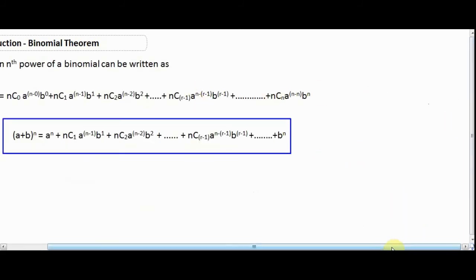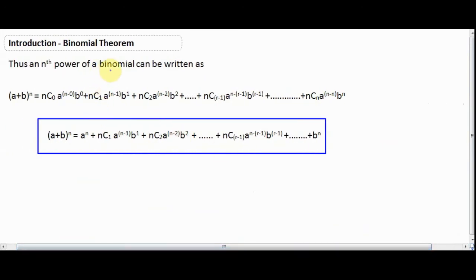The nth power of a binomial can be written as (a + b)^n = nC0 a^(n-0) b^0 + nC1 a^(n-1) b^1 + nC2 a^(n-2) b^2 + etc. + nC(r-1) a^(n-(r-1)) b^(r-1) + etc. + nCn a^(n-n) b^n.